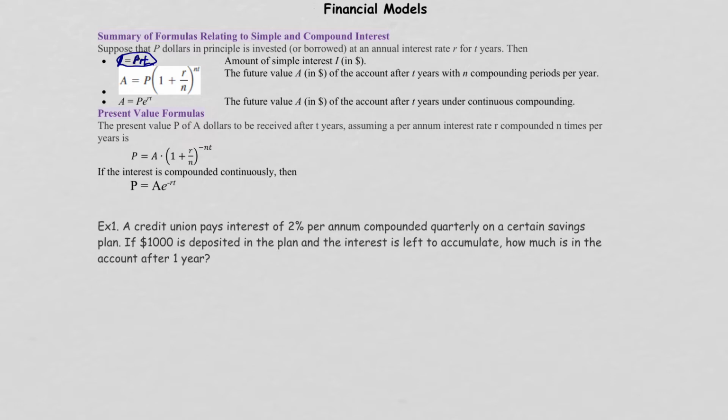Because they mentioned compounded quarterly, we're going to use the compound interest formula. So again, I'm going to write the formula down.